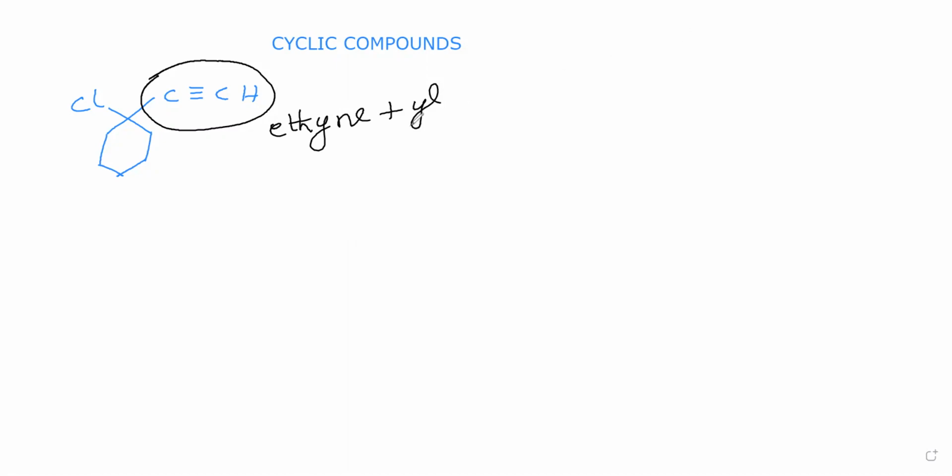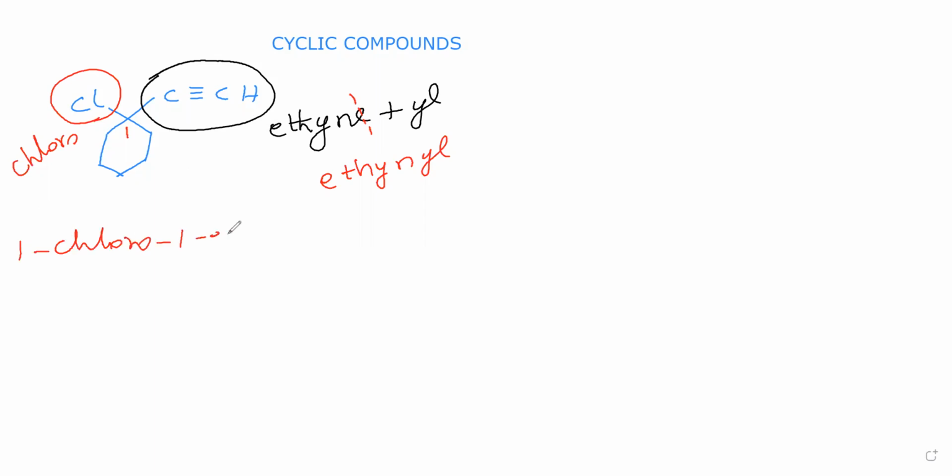Now we have to drop this e, so we say ethynyl. This is the name if we are considering this as a substituent. This Cl we can say as chloro. Position is 1, it is also 1. So we can say 1-chloro, 1-ethynyl.